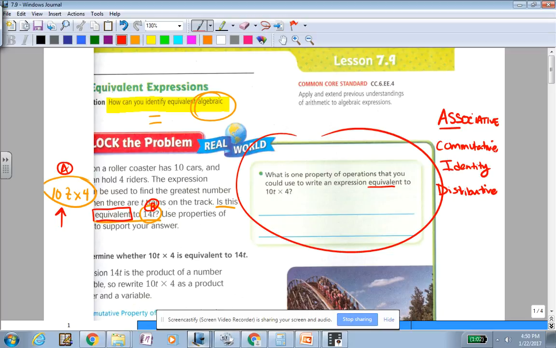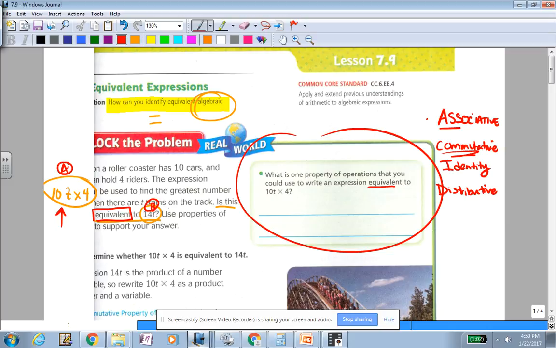There might be more than one property of operation that I could use to generate an equivalent expression here, but in this case, let me see if I should do something with the associative property first. There's the term 10t and then there's the term 4. Because there are only 2 full terms here, although this 10t really is saying 10 times t, let me look at the commutative property.